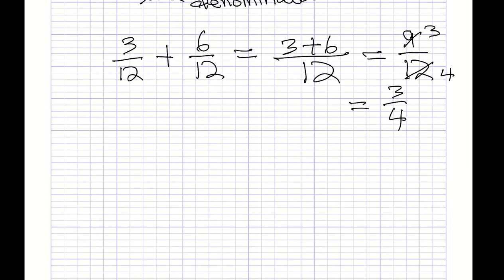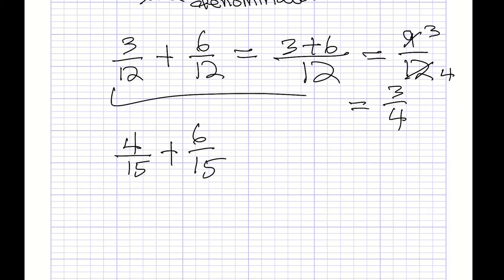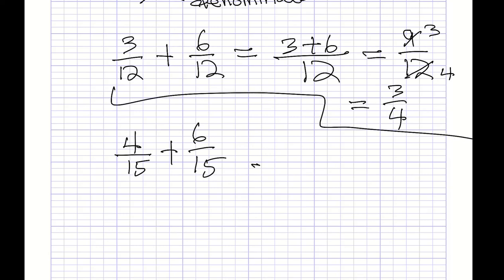Let's do one more example. Suppose you add 4 over 15 plus 6 over 15. Again, you do the same thing. The denominators are the same, which is 15. You write it like that, and then you add 4 and 6. That's 4 plus 6, and then you get 10 over 15.